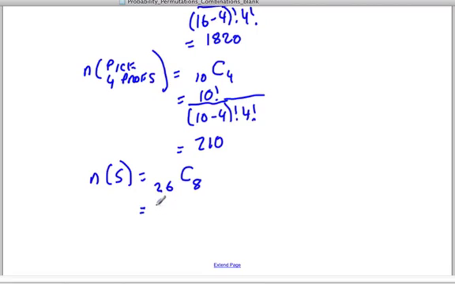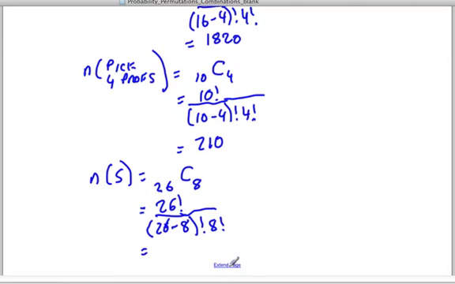And this will be 26 factorial over 26 minus 8 factorial, which is 18 factorial, times 8 factorial.